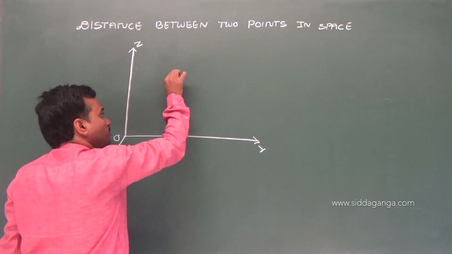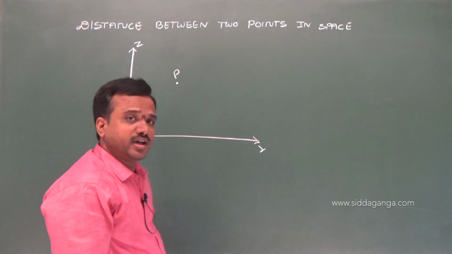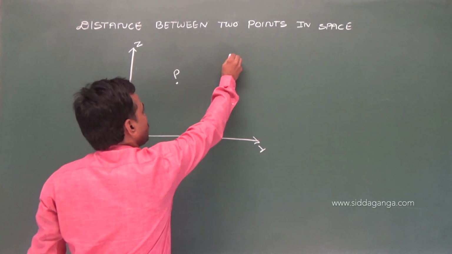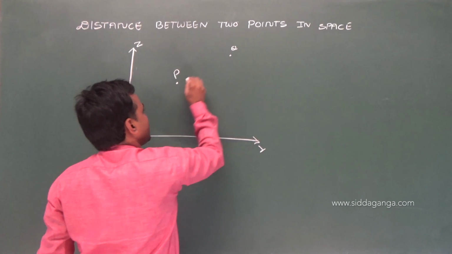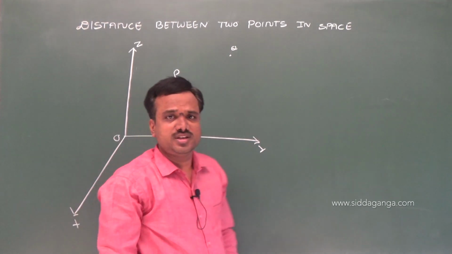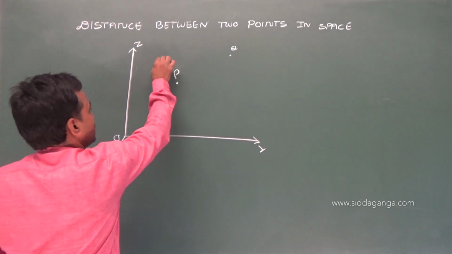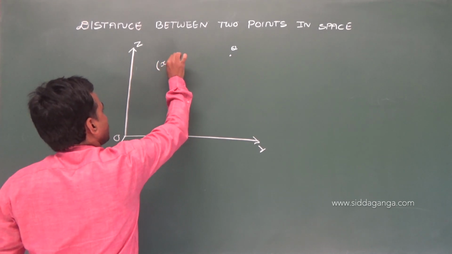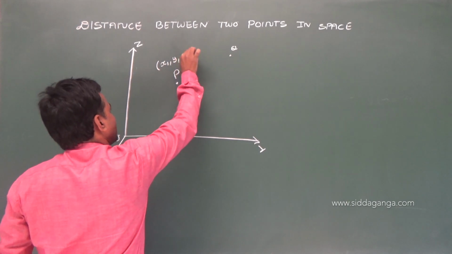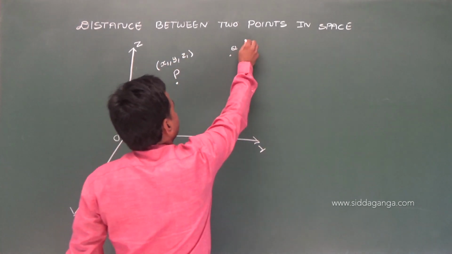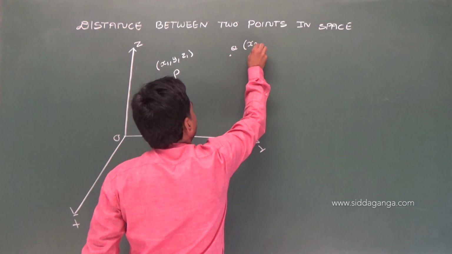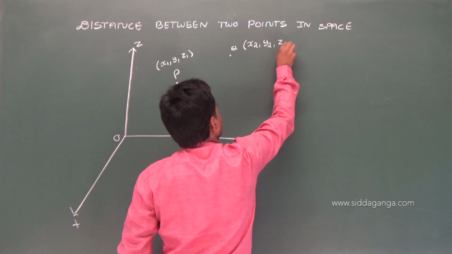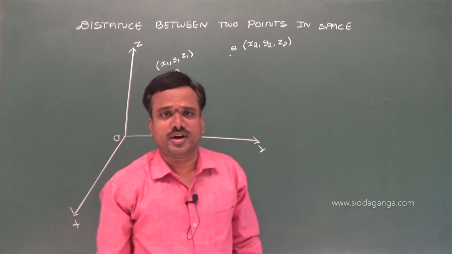Let P be a point in space, and one more, Q be a point in space. P be a point in space means ordered triplet x1, y1, z1. Q be a point in space means it contains the coordinates x2, y2, z2.